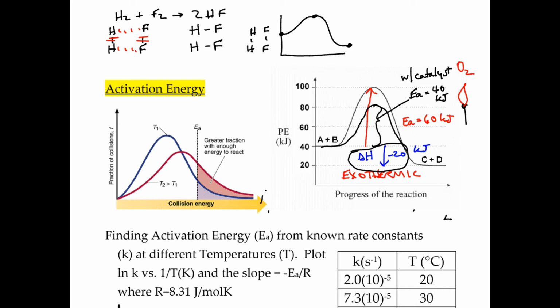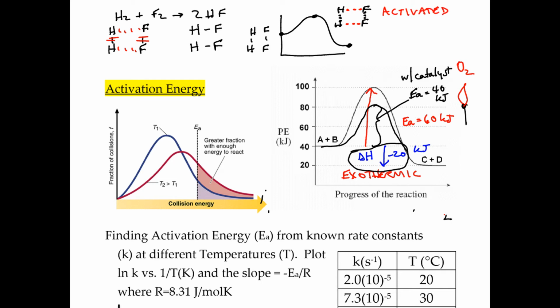Up here at the top you have your H and your F and your H and your F, and you have these partial bonds that are being broken, and then you have your partial bonds that are being formed, and this is what's called the activated complex.